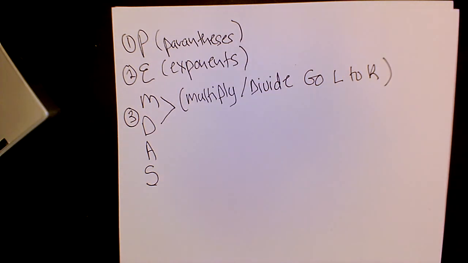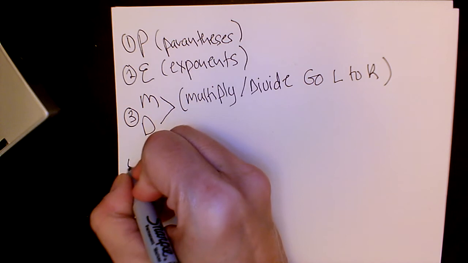A lot of people get that confused and think, well, if divide comes after multiply, I always do division first, or I always do multiply first. But you need to go left to right, whatever comes up first.